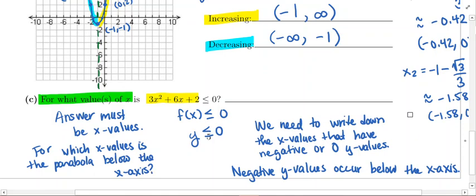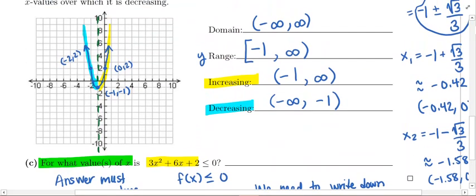If I go back up to my graph, I'm going to mark in red where the parabola is below the x-axis. This little piece right here, basically in between the two x-intercepts. So to answer this question in part C, we need to write down the x values between the two x-intercepts.